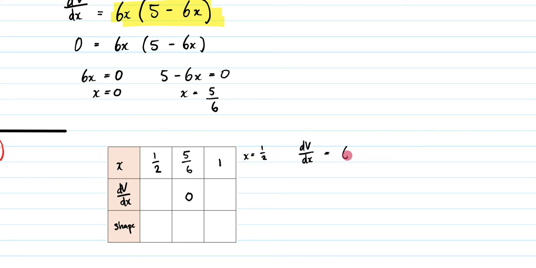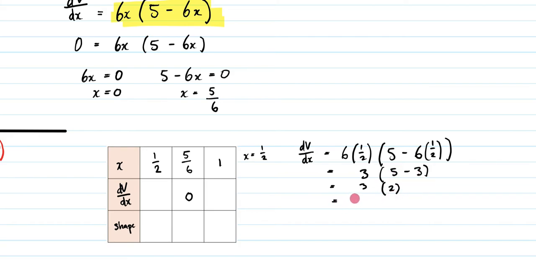So that's going to be 6 times 1 over 2, and 5 minus 6 times 1 over 2. That is going to be 3 there. This is going to be 5 minus 3, which is going to be equal to 3. This will be 2. It's going to be equal to 6. 6 is a positive, so it's going to go up. This is going to be flat.